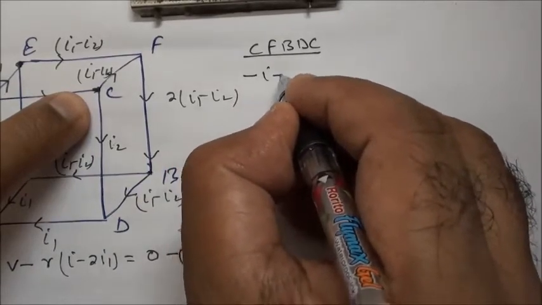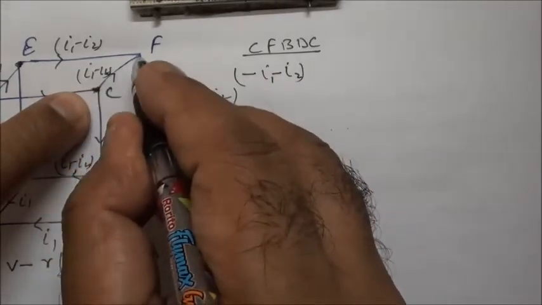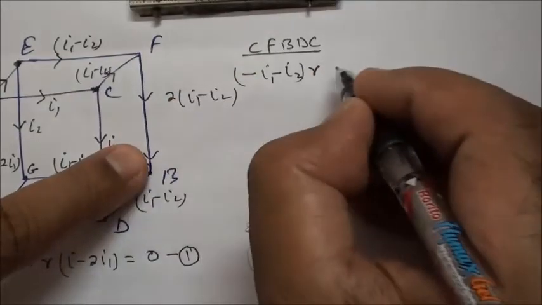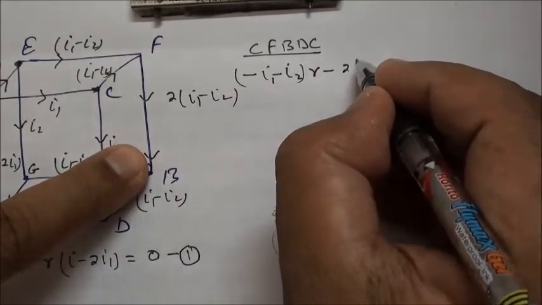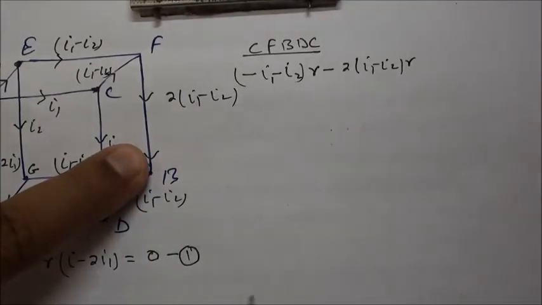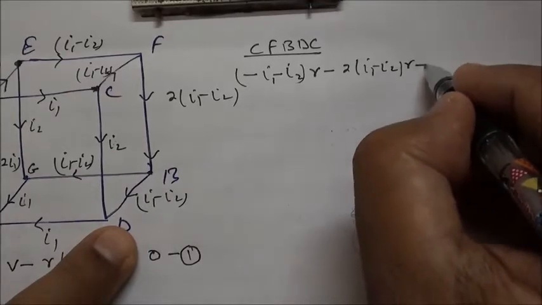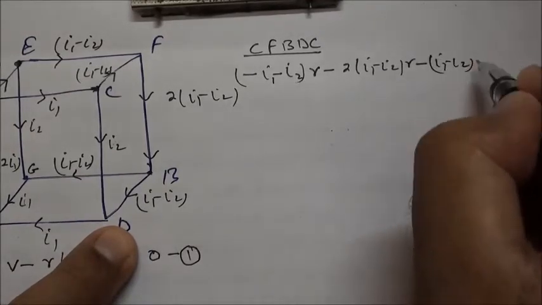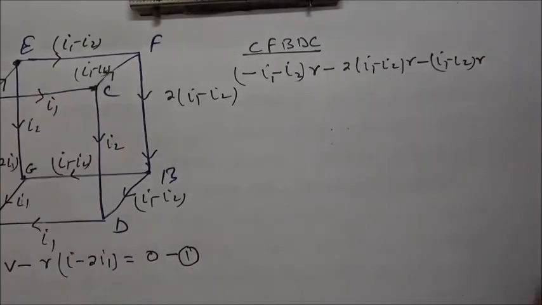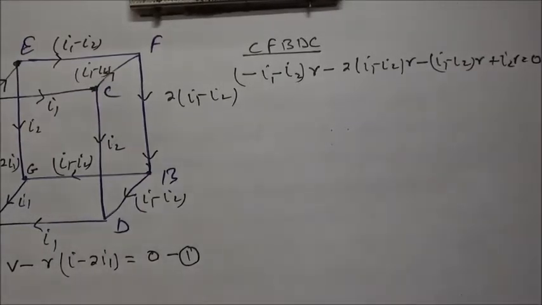Minus I1 minus I2 R, minus 2 I1 minus I2 R. Then here minus I1 minus I2 R and plus I2R is equal to 0.